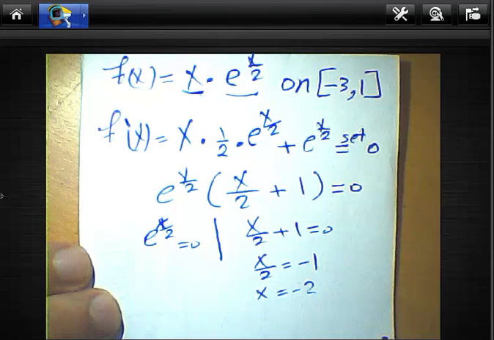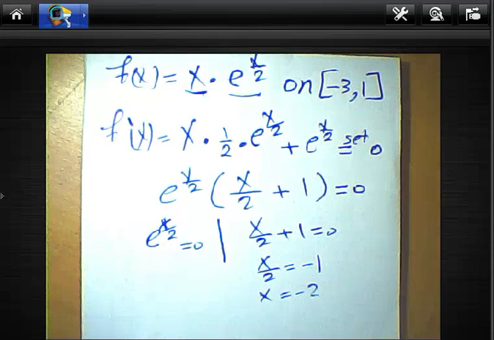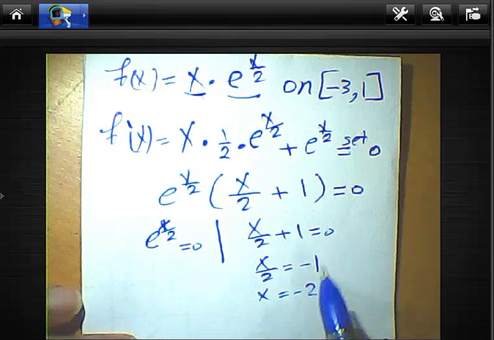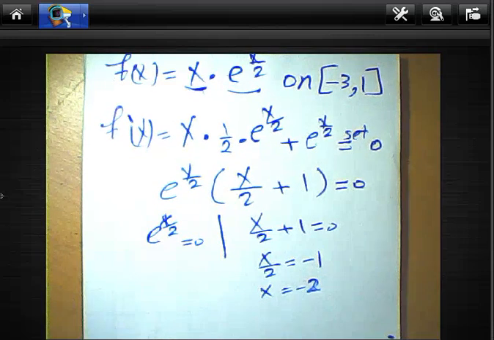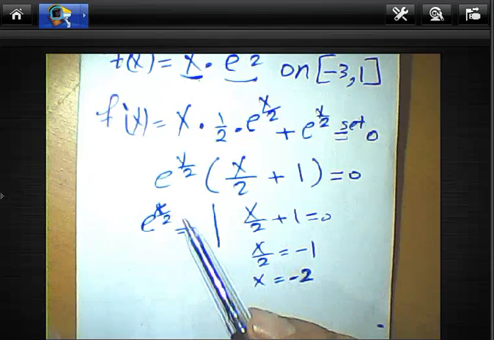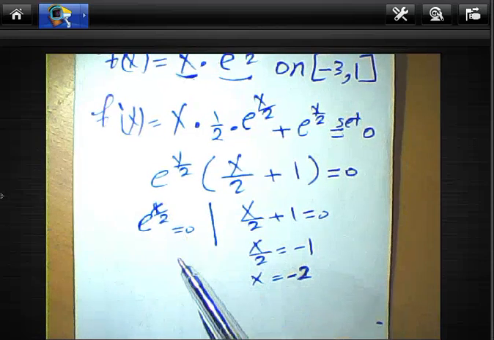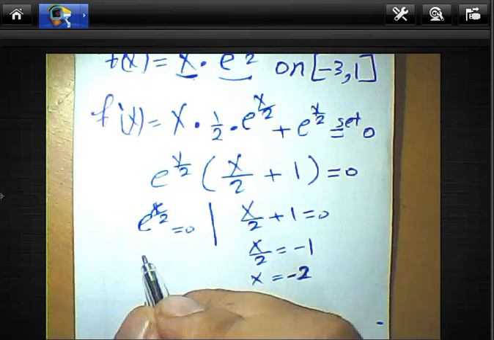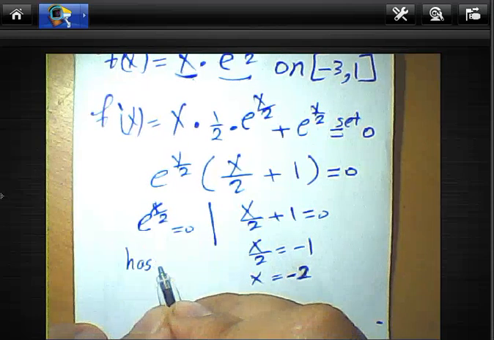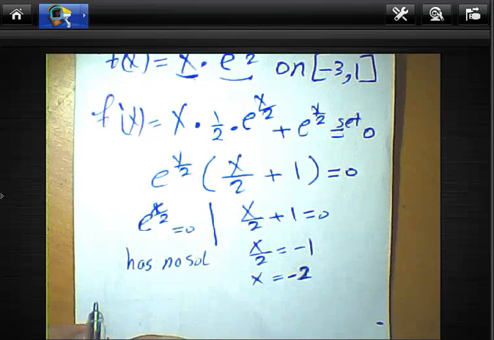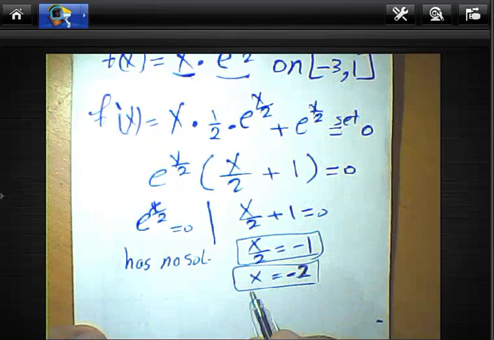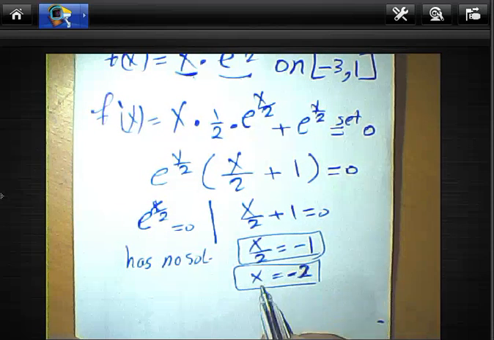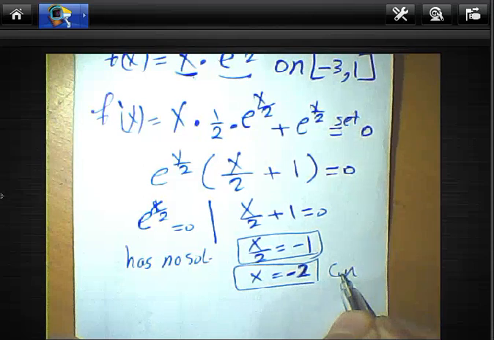Okay, it's the result for this example. e to the power x over 2 equals 0 has no solution. So the critical number will be negative 2.